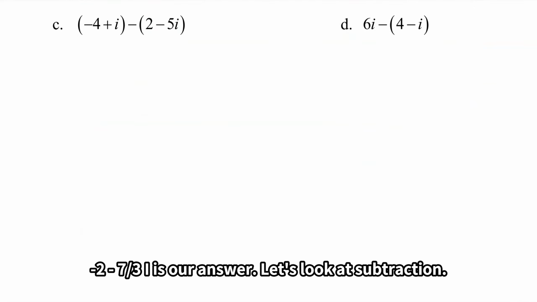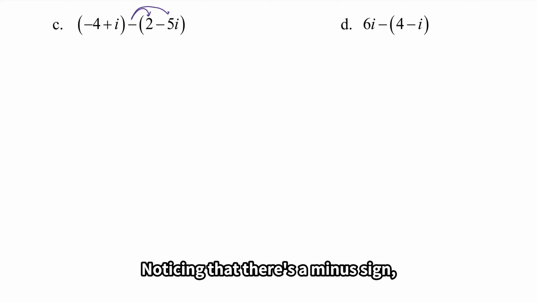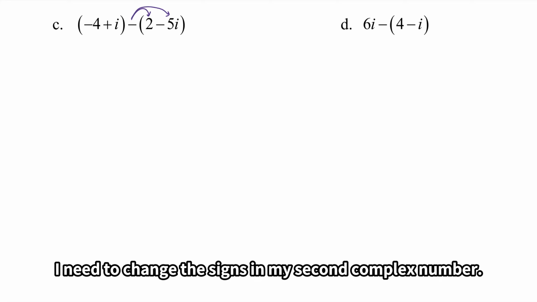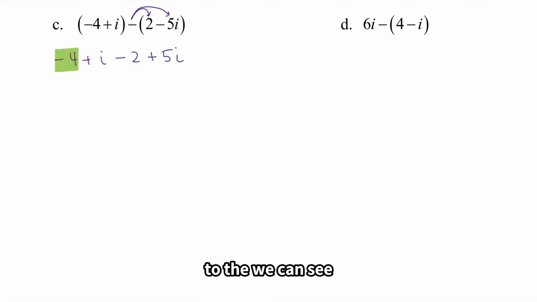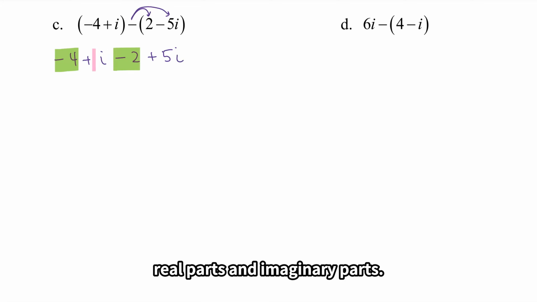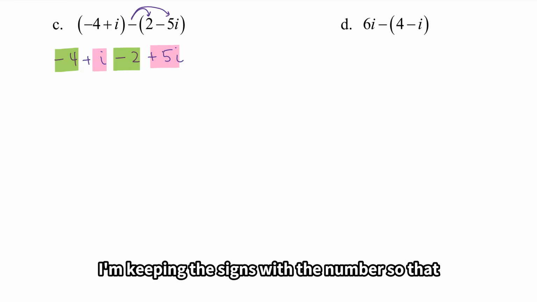Let's look at subtraction. Noticing that there's a minus sign, I need to change the signs in my second complex number. So we'll do that first. I'm going to highlight the numbers so that we can see real parts and imaginary parts.